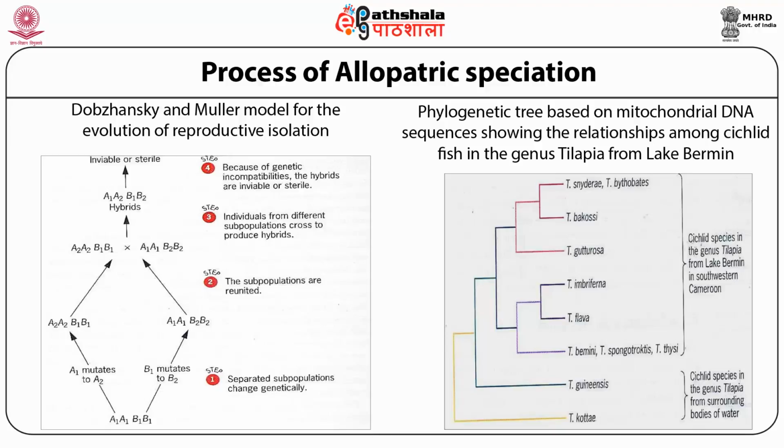For example, if a population with the genotype AA, BB becomes subdivided by geographical barriers, one subpopulation might fix a new allele on the locus A, and another population might fix a new allele on the locus B.